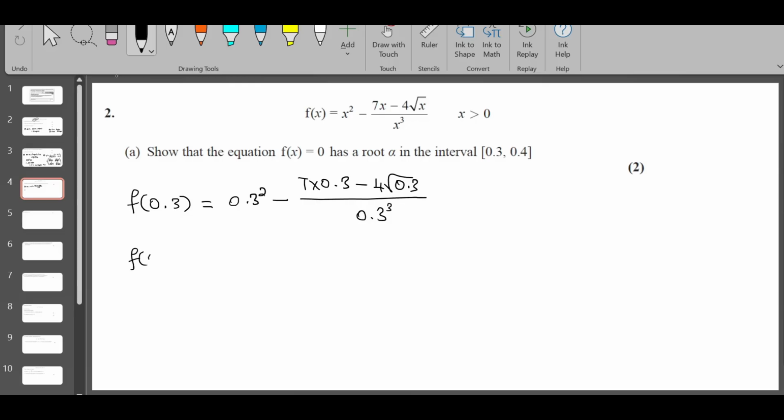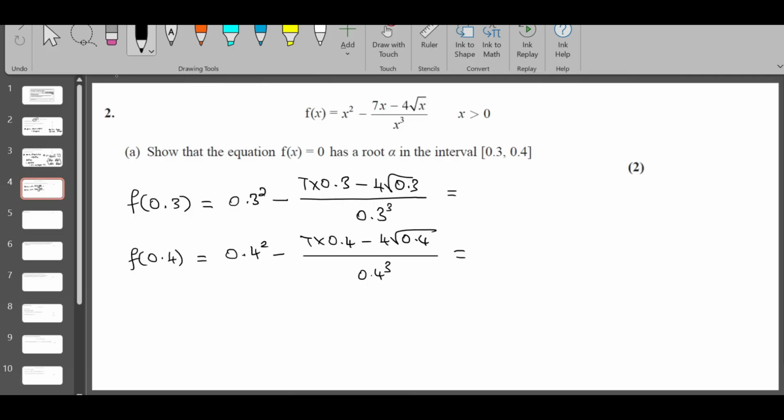And then f of 0.4 is 0.4 squared minus 7 times 0.4 minus 4 square root of 0.4, everything divided by 0.4 cubed.